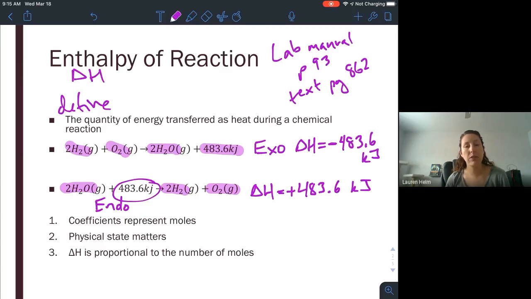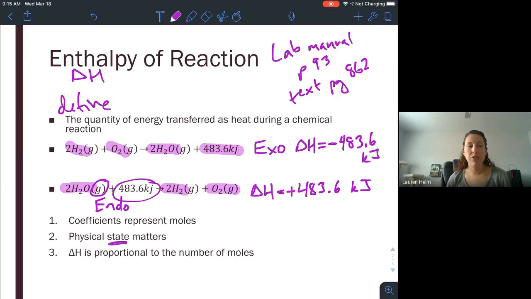Now, where did I get this 483.6 kilojoules? Again, if you go look at page 93 in your lab manual and you find water as a gas, you will see that number. So what's important here? The coefficients are important. They represent moles. The state is important. In your lab manual, you'll see there's an enthalpy for water as a liquid and an enthalpy for water as a gas.